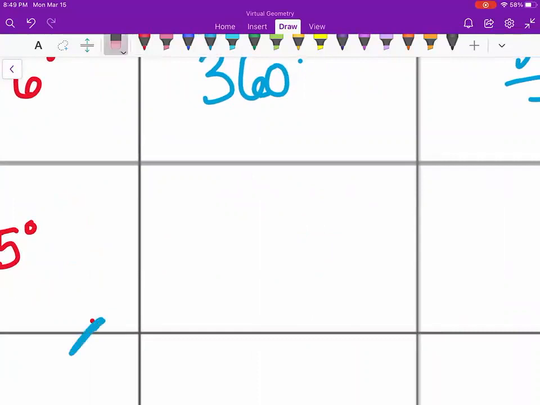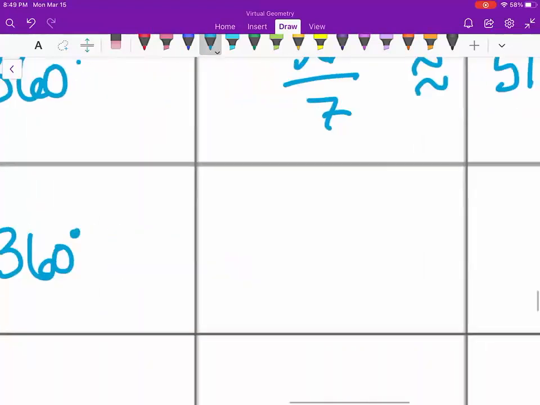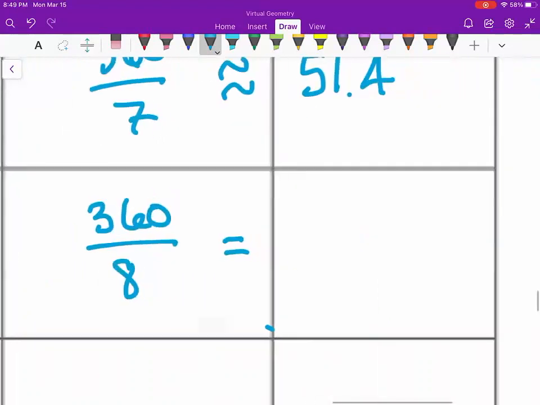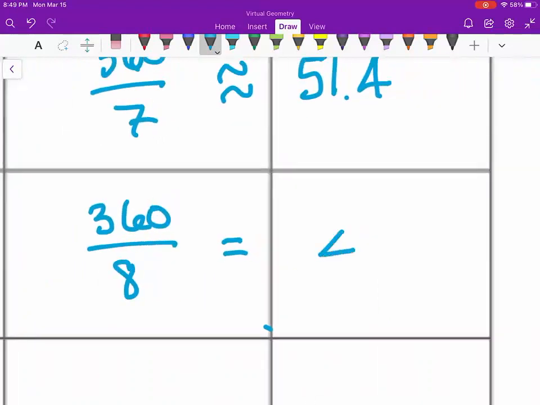Now let's do the exteriors. Again, 360 for the total exterior. We're going to take that same 360 and divide it by the 8 angles this shape has. Which means each exterior is about 45 degrees.